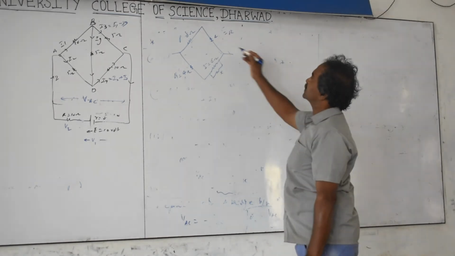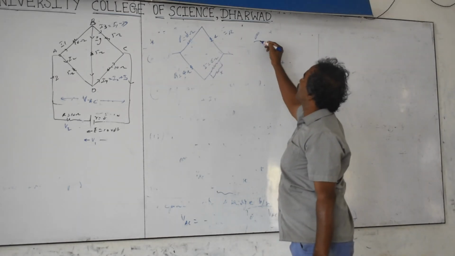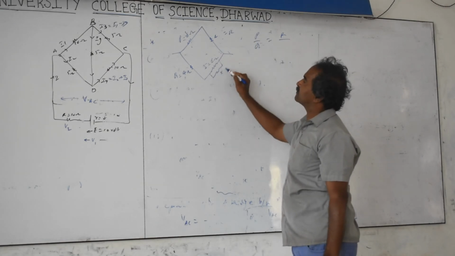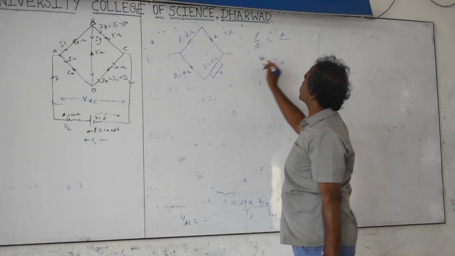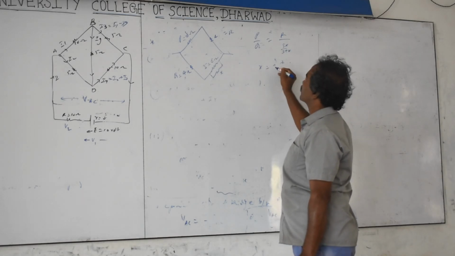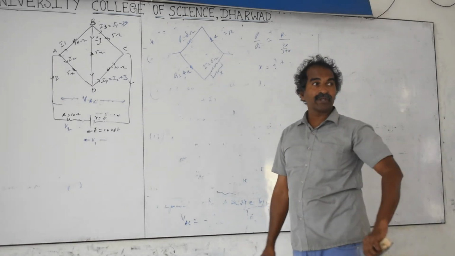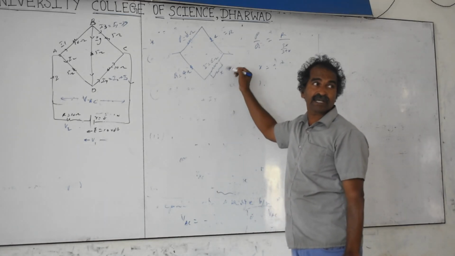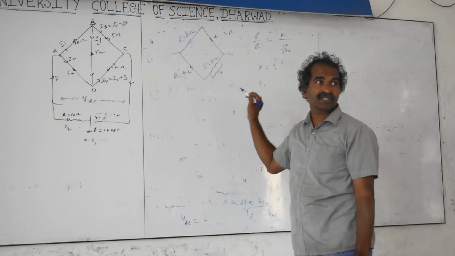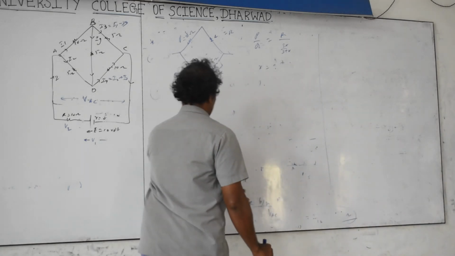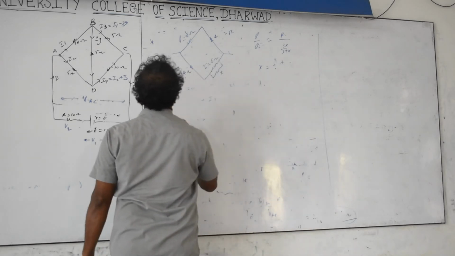So the result is P by Q equal to R by the resultant. The resultant is the parallel combination, S x by S plus x. That is the procedure to reduce. If it is already less, then you have to increase it by connecting in series. Generally they ask this condition for the parallel combination. x you have to find out.